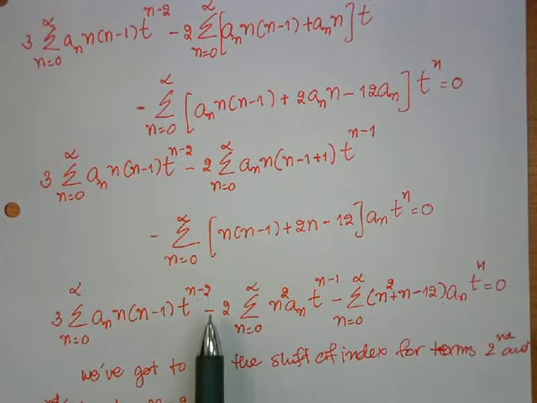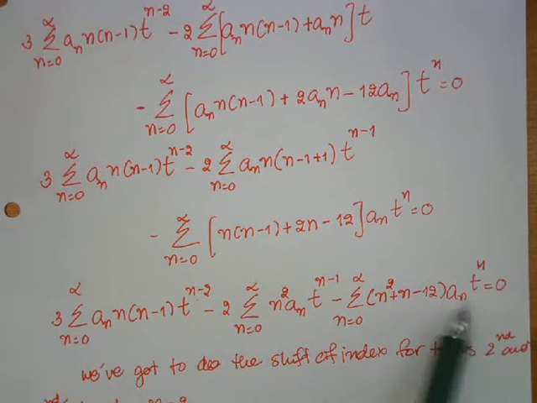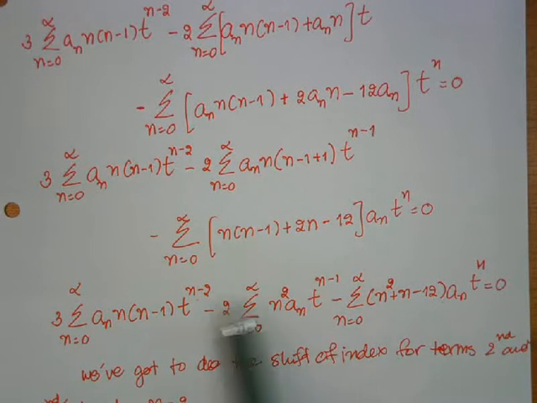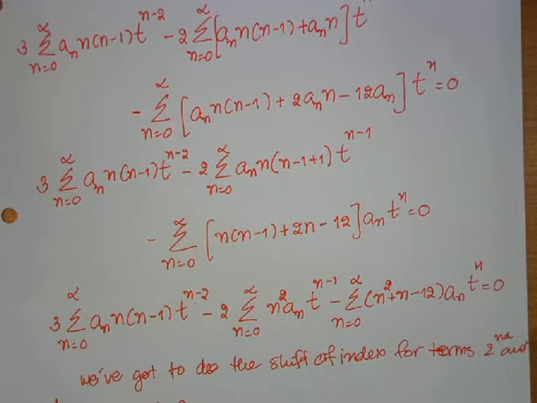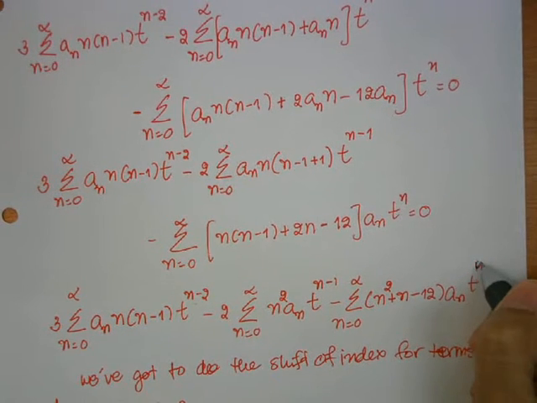And then you want to combine all three terms together. What should you do? You do the shift of index. You want to make the power of t to be what? n minus 1 or n minus 2? n minus 2. So if you want to make it n minus 2, for the second term you have to replace n with n minus 1, and for the third term you have to replace n with n minus 2.